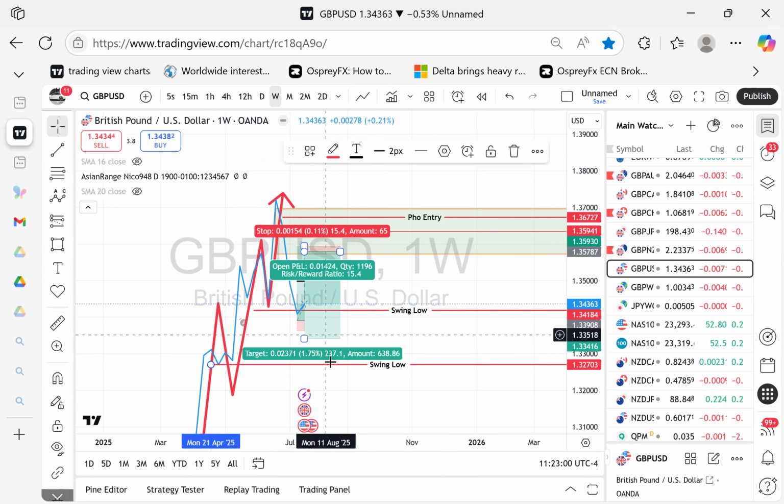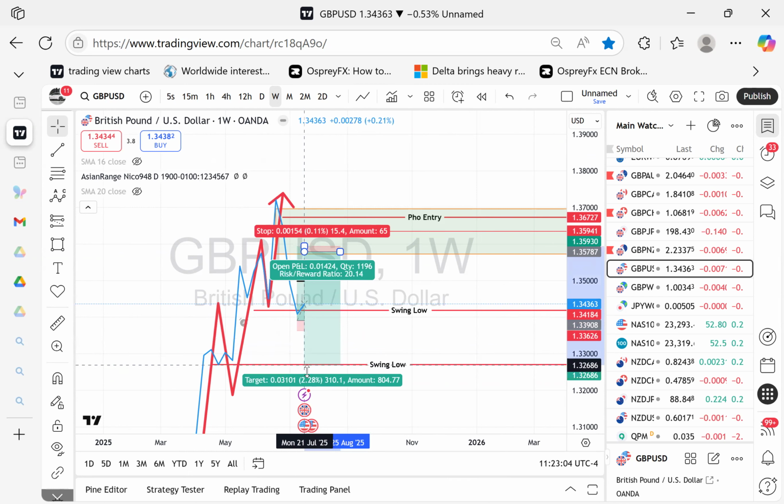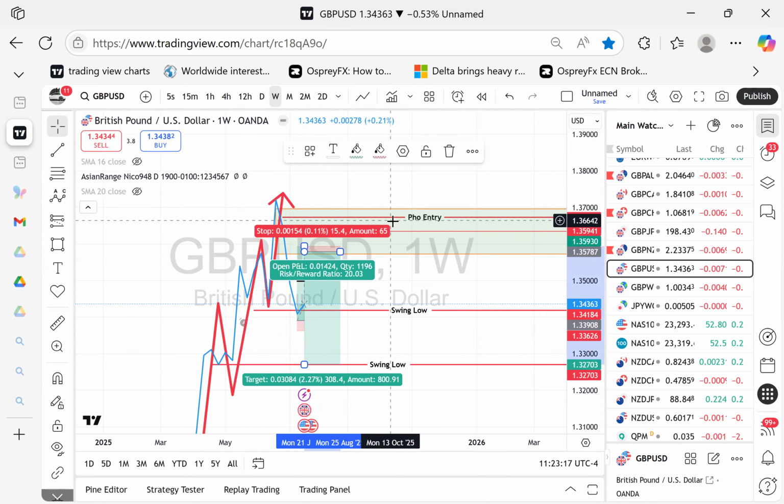So I'll know, hey man, for me, this is the next important target right here. I need to see price break through that low, because if it doesn't, then it's just a pullback to this area and then it's buying. That make sense?